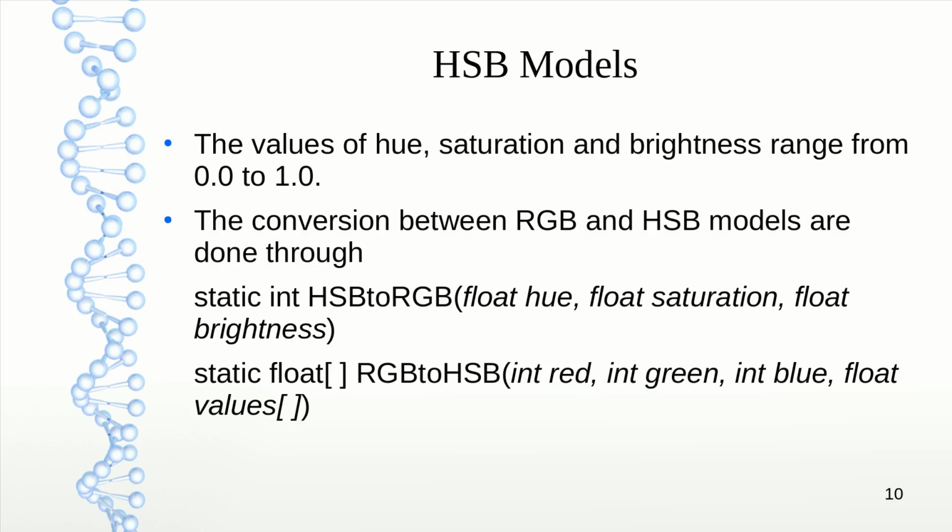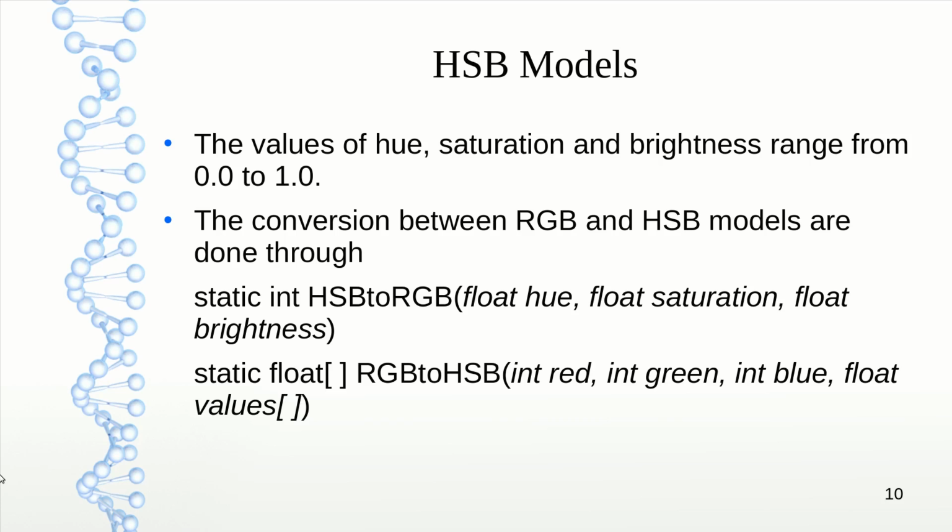The values of hue, saturation and brightness, as we have seen earlier, can range from 0 to 1. Then we have two methods provided by Java AWT for conversion between RGB and HSB models. The first is HSB to RGB.